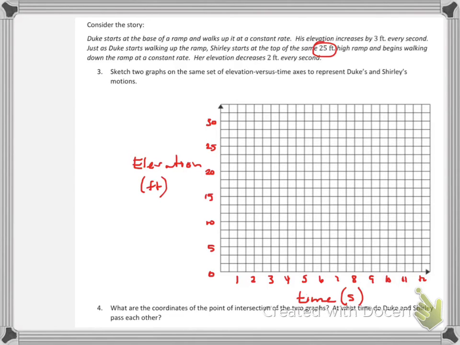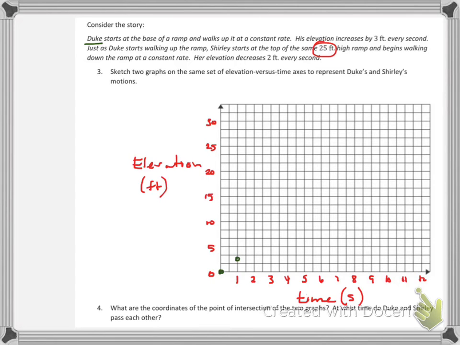Now let's talk about the two different people. Let's talk about Duke first. Duke starts at the base of the ramp, so he is at elevation 0 at 0 seconds. He increases his elevation 3 feet every second. So after 1 second, he's going to be at 3 feet.